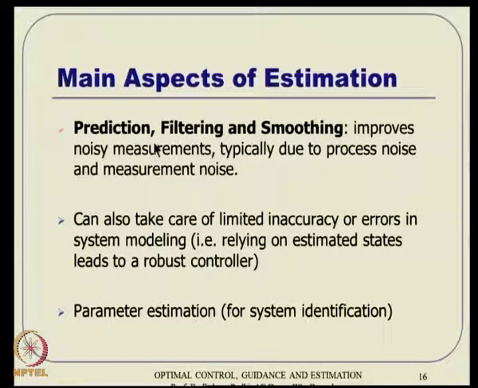Whatever remains after that is actually noise, though ideally speaking they are not really noise, because there is physics behind that. But you can interpret that as noise from a practical applications point of view. So, it can take care of limited inaccuracy or errors in system modeling. It can also be used in parameter estimation or system identification. I have already talked about that.